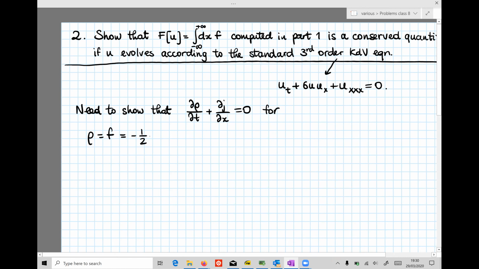So that would be minus a half uxx squared plus 5 ux squared minus 5 over 2 u to the 4. That's the charge density.